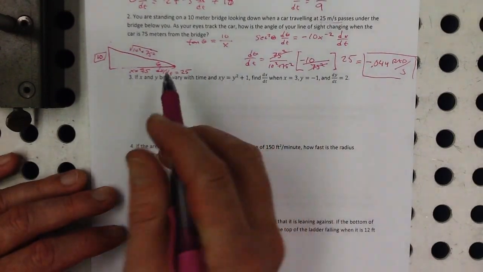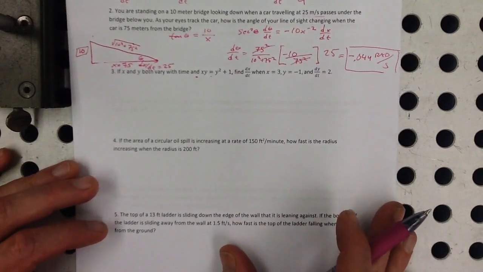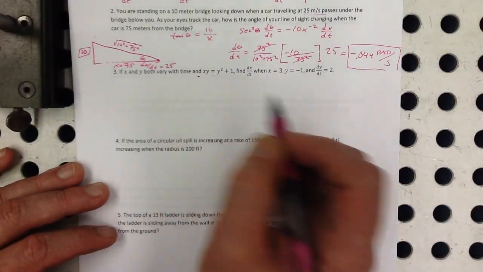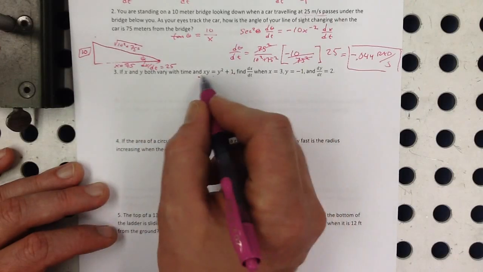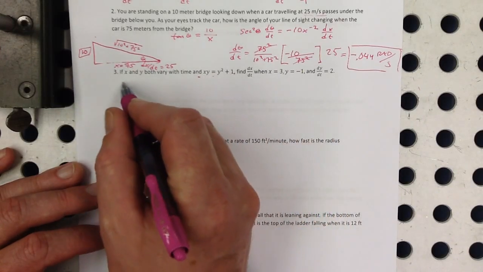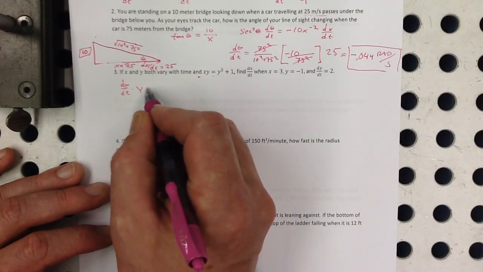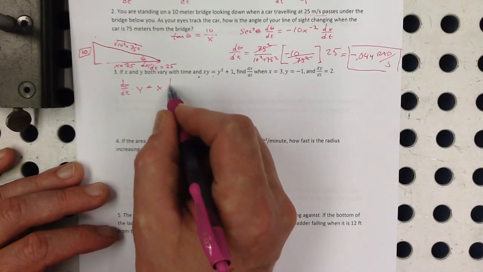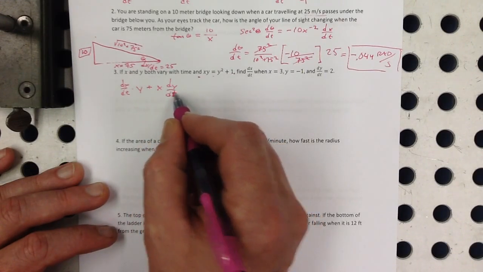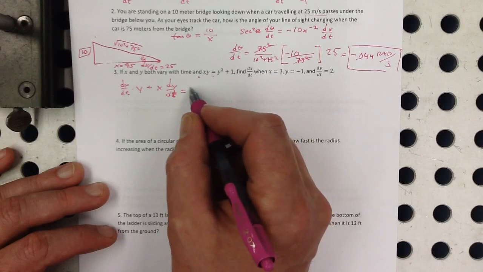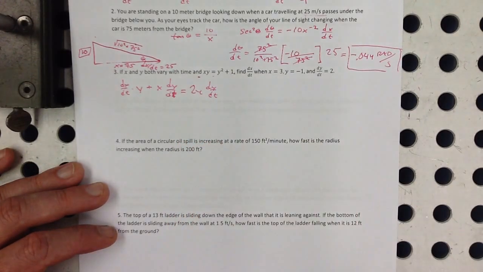Number 3, if x and y both vary with time, so same thing as number 1. So I'm going to take the derivative of that using the product rule. Derivative of the first, dx dt times the second, plus the first times the derivative of the second, is equal to 2y dy dt, and the derivative of 1 is just 0.